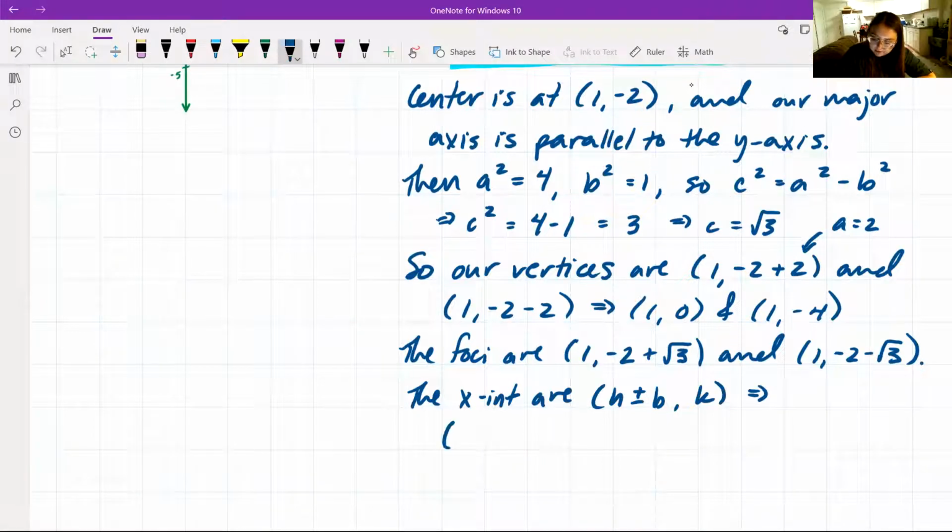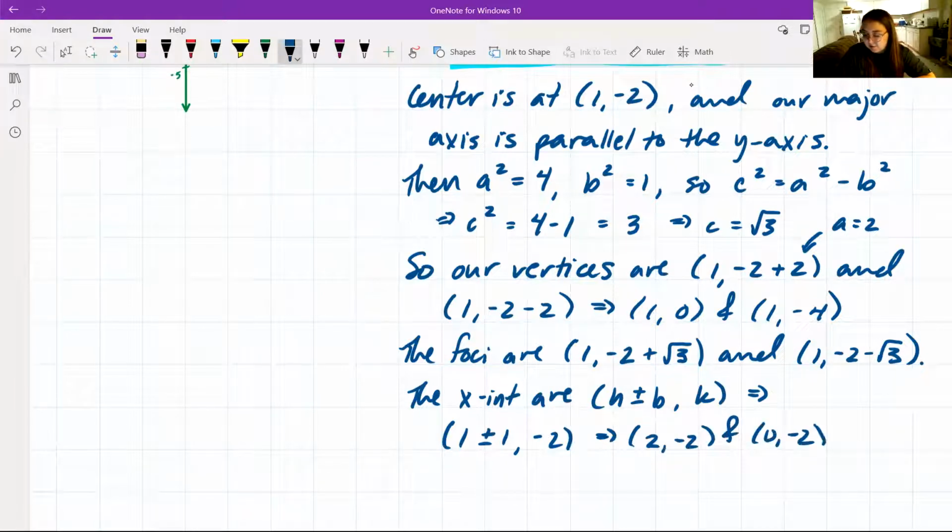So we have that h is 1, so we have 1 plus or minus 1, and k is still going to be negative 2. So this gives us our x-intercepts at 2, negative 2, and 0, negative 2. So while finding our x-intercepts is not crucial to analyzing our equation, it helps us a lot when we actually go to graph our ellipse.